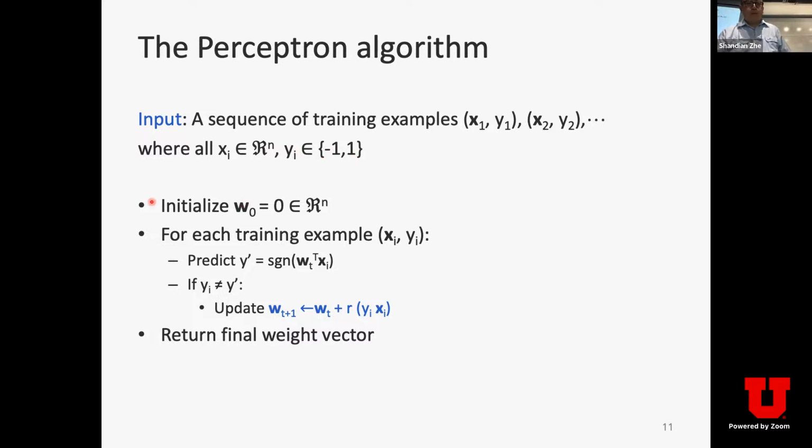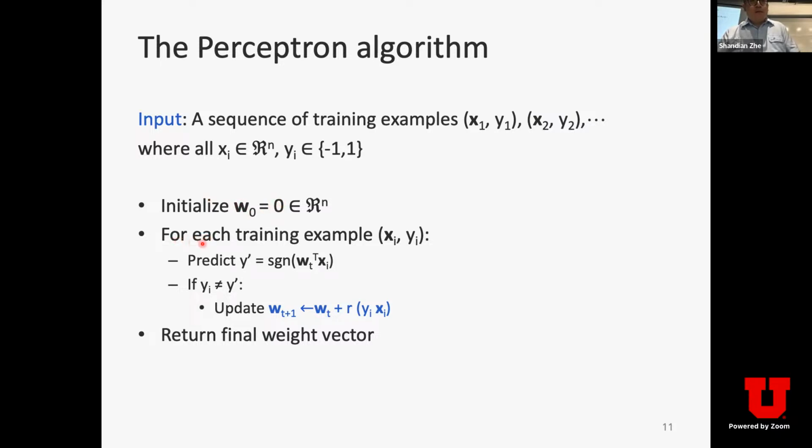At the beginning, we initialize our model parameters W0. This W0 contains the bias parameter, so we use this succinct representation, which means all the xi's have already been augmented with a constant feature 1. We initialize the whole model parameters to 0.